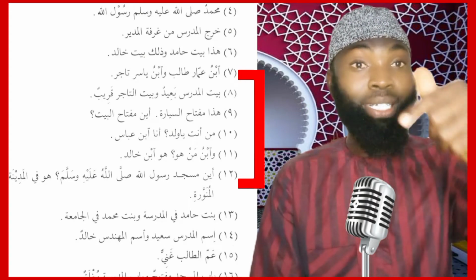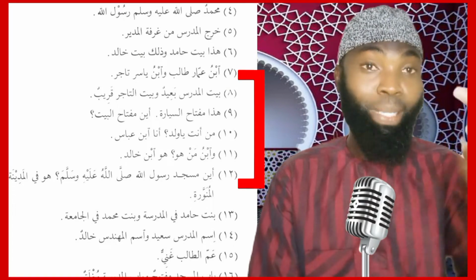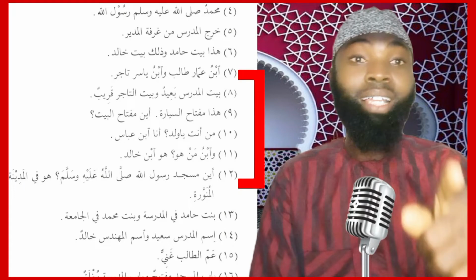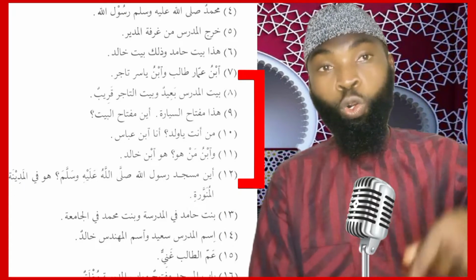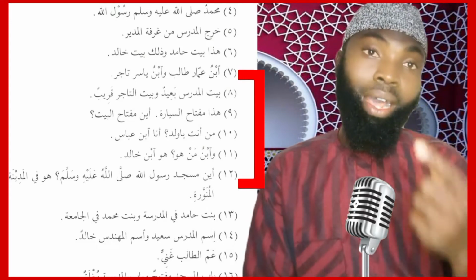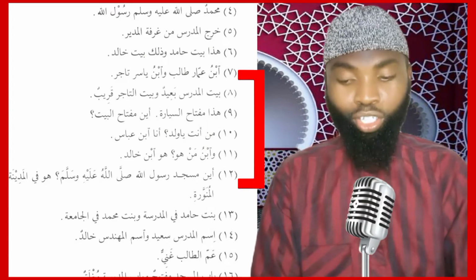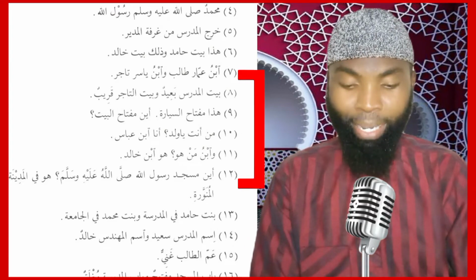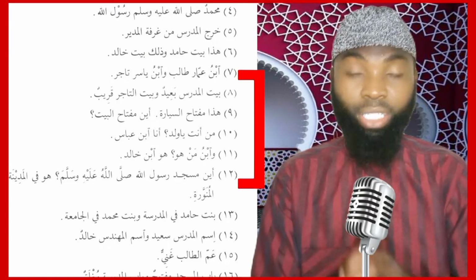But the same word which serves as mudafun ilayhi, the possessor Rasul, is also serving as a possessed to Allah, because Allah possessed the Rasul. So here we say Aina masjidu Rasulillahi. Where is Allah's messenger's mosque? Sallallahu alayhi wa sallam. Huwa fil Madinatil Munawwara. It is in the illuminated city of Medina.